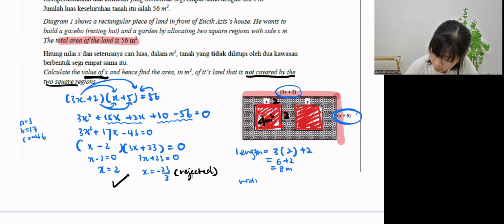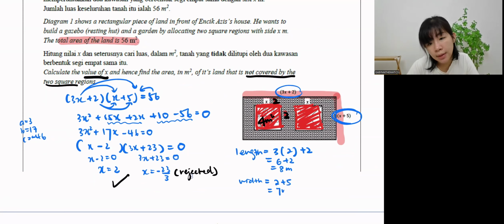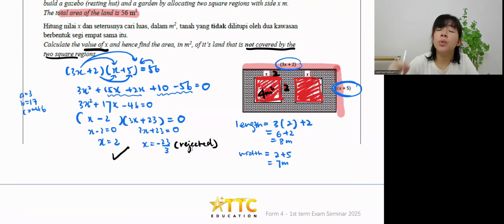The width of the rectangle, x plus 5. So x is 2, 2 plus 5, 7 meter. Now we want to find the area of everything without the 2 squares. So at the end, rectangle 8 times 7 minus the 2 squares, 2 times.